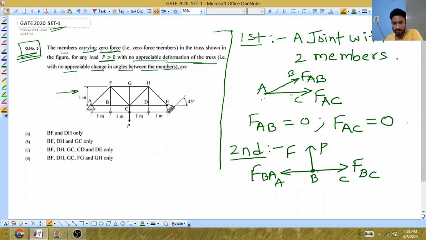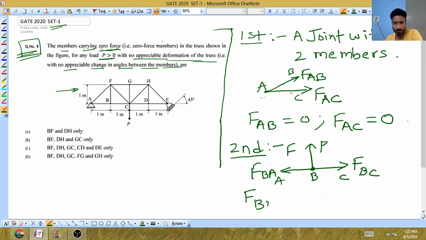So if two members are collinear and the third member is not collinear with the other two, in that case the force in the non-collinear member will be zero.